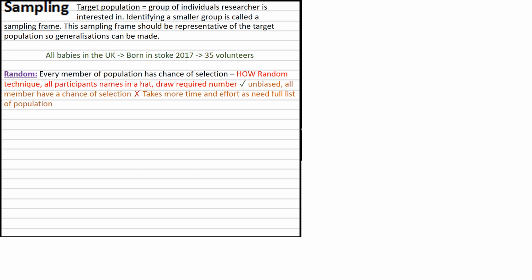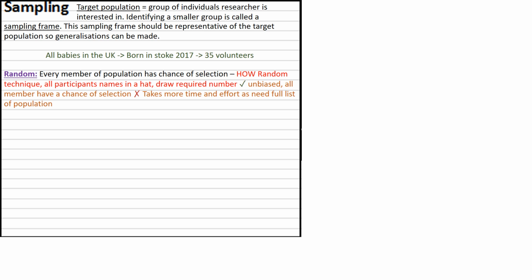Of course, it being random, you could get a whole bunch of participants who in some way aren't generalizable. If you did a random sample of the UK and drew 50 names out of a hat, they could by chance all be female, which then wouldn't be generalizable to the whole population. Okay, so some problems with this.